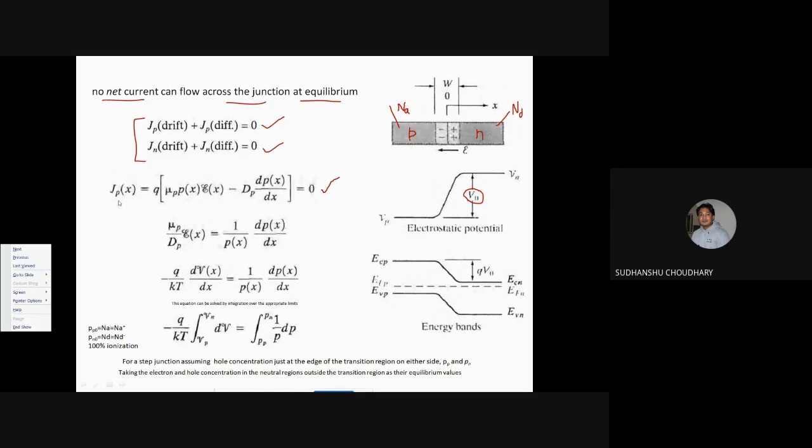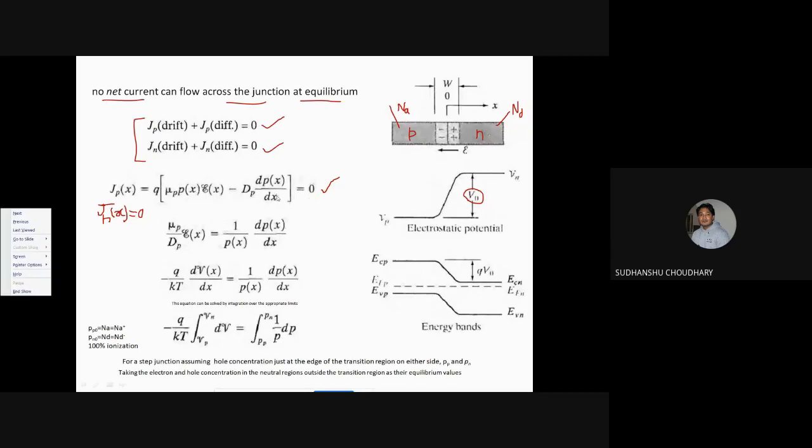One can also find the same electrostatic potential via this procedure, that is, one can equate Jnx, the electron current density, to be zero. One can do the same with electrons also, and the same value of built-in potential will be found from both processes. So let us take this process where we have equated the hole current density to zero at equilibrium.